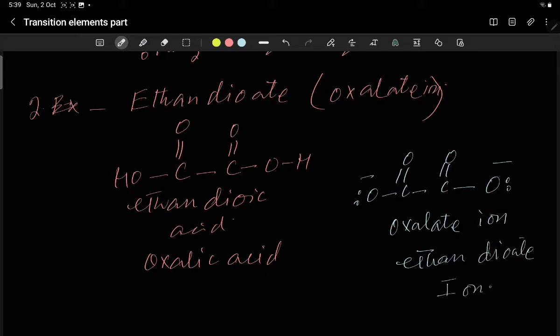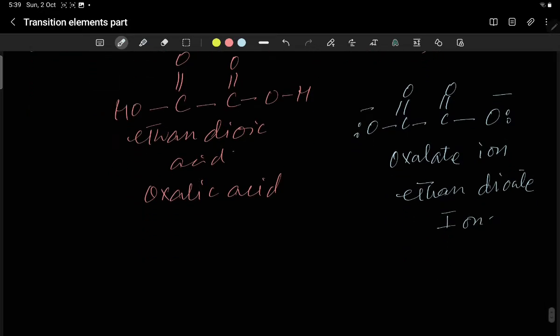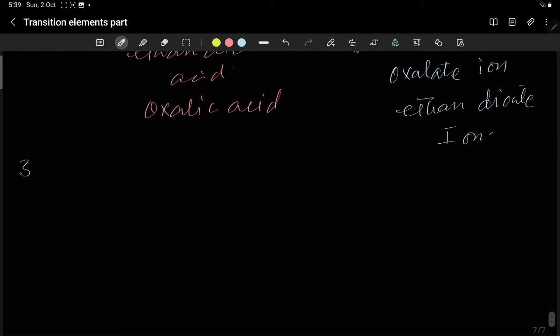So these are two examples of bidentate ligands.